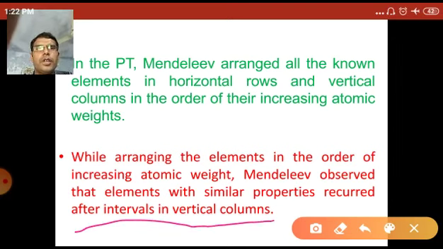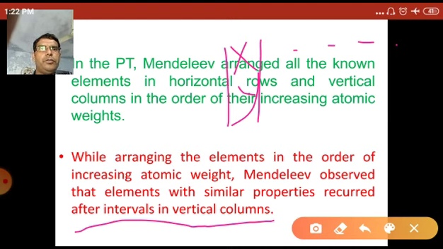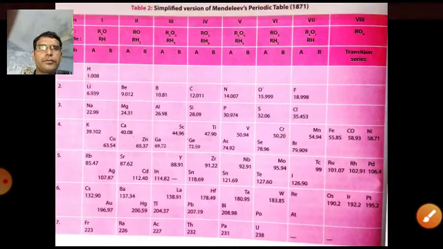So generally, when we arrange the elements according to the increasing atomic mass or atomic weight, then similar properties of the elements recurred after intervals in the vertical column. Suppose X, then after that again Y repeated in the vertical column. Similar properties of the element recurred or repeated.